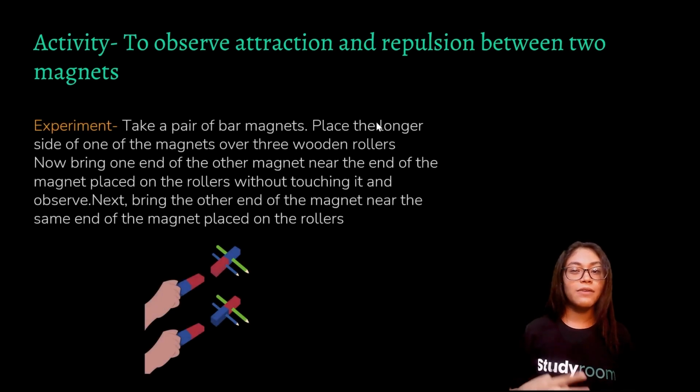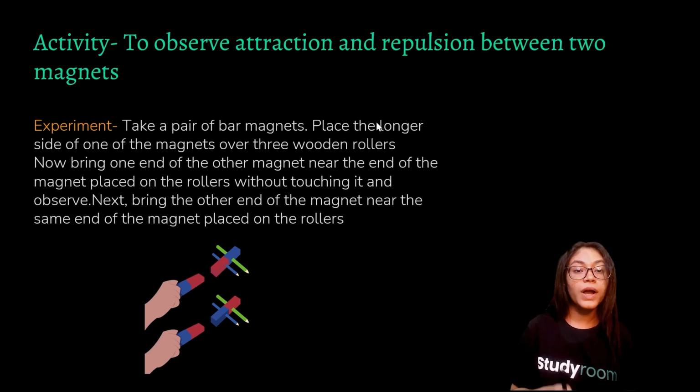So let's have a look at this activity to observe attraction and repulsion between two magnets. What is happening in this experiment is that you take a pair of bar magnets. Now these bar magnets will have a south pole and a north pole. Now what we do, we place the longer side of one of the magnets over three wooden rollers.